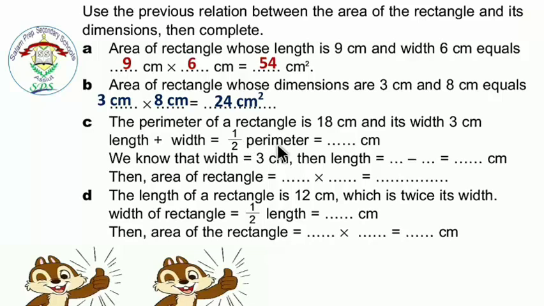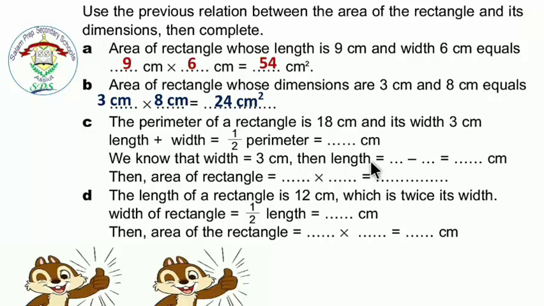Half of 18 equals, very good, 9 centimeters. 9 centimeters is the length and width together. We know that width equals 3 centimeters.